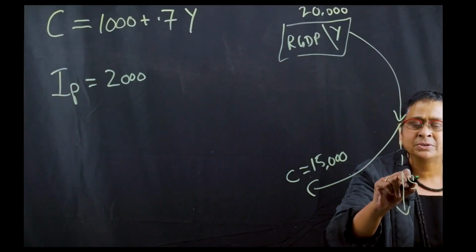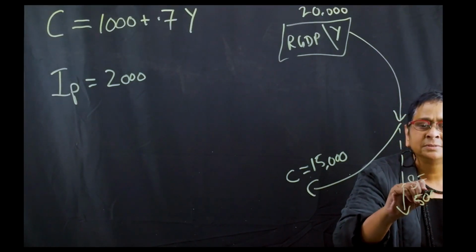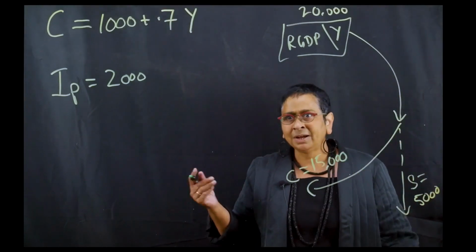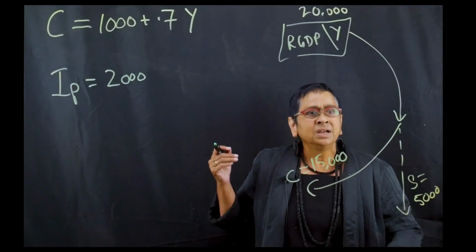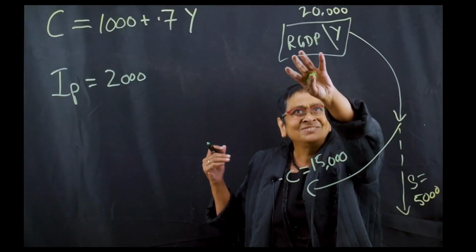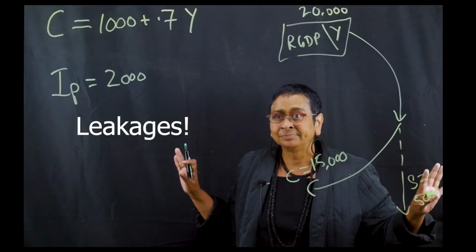So out of my 20,000 production, 15,000 got consumed, which means about 5,000 got saved by definition, right? 20,000 produced, 15,000 consumed, which means 5,000 got saved. Because savings is viewed as leaving the flow, I'm going to call this leakages, right?